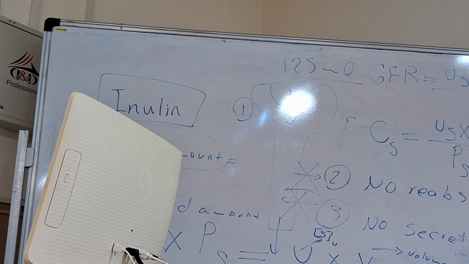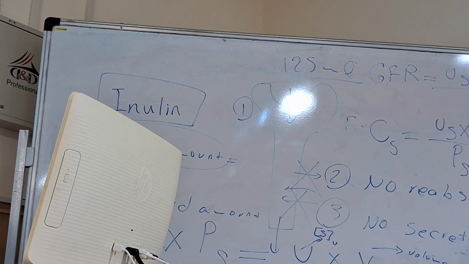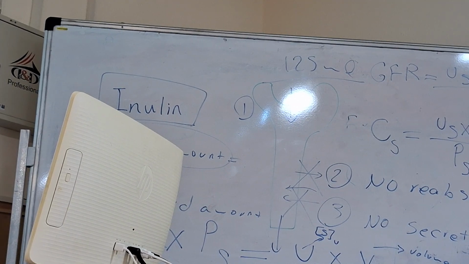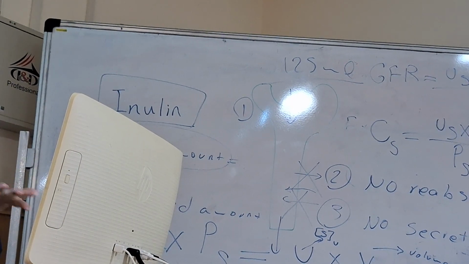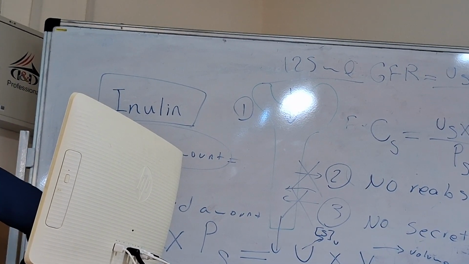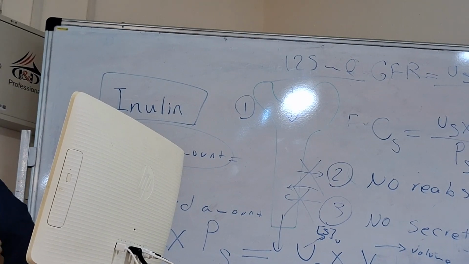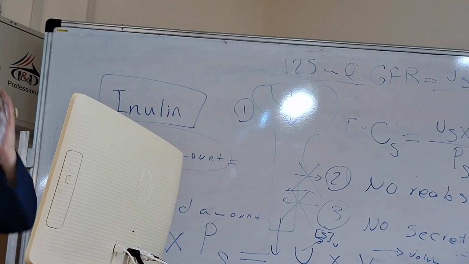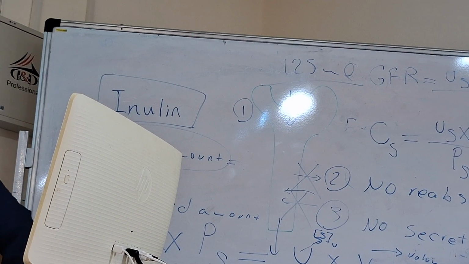Is urine flow the same as urine volume? What is the clearance of the substance with its concentration in the plasma? P_S is 10 milligrams per deciliter.